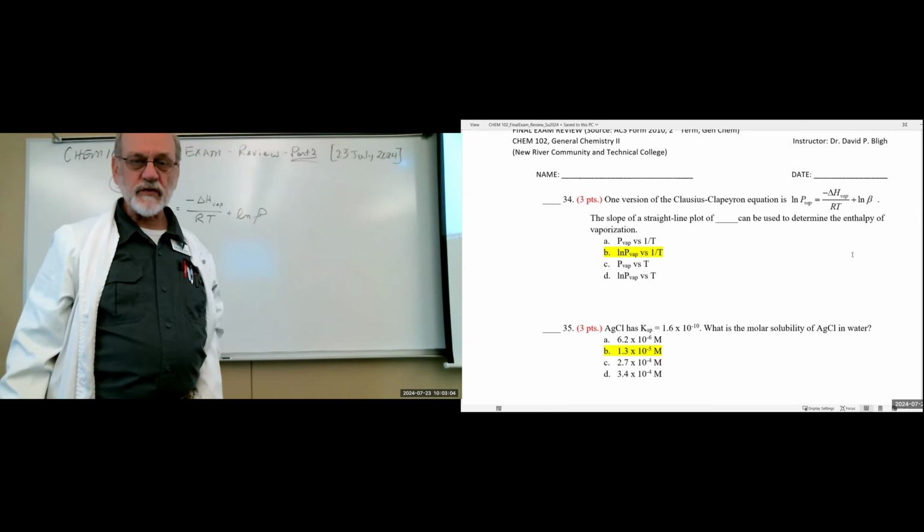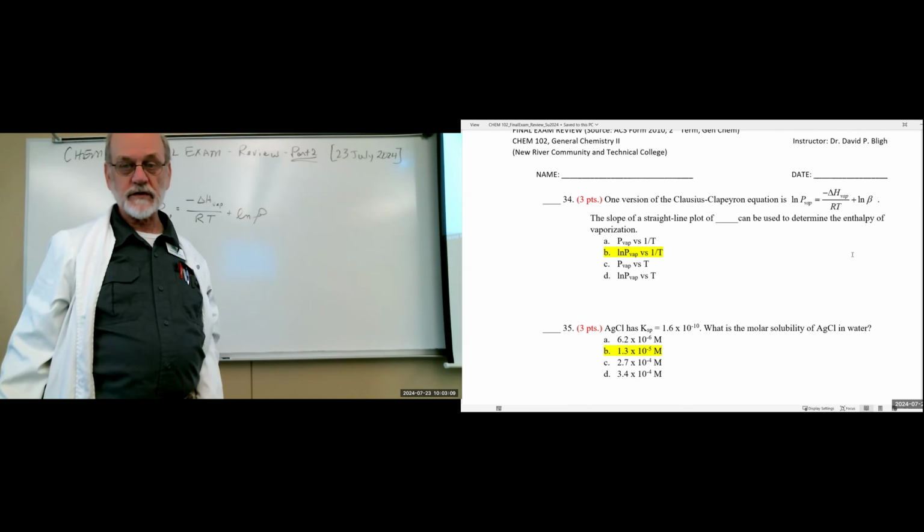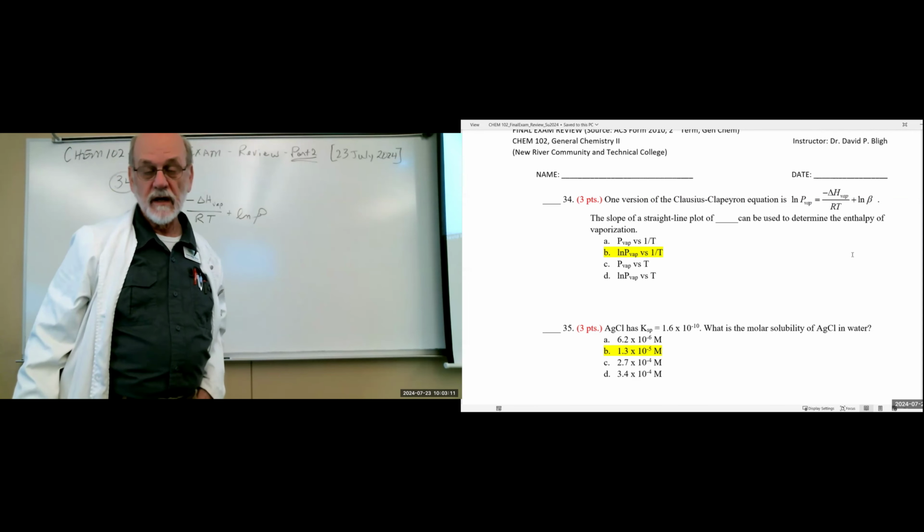Okay, the slope of the straight line of blank can be used to determine the enthalpy of vaporization.